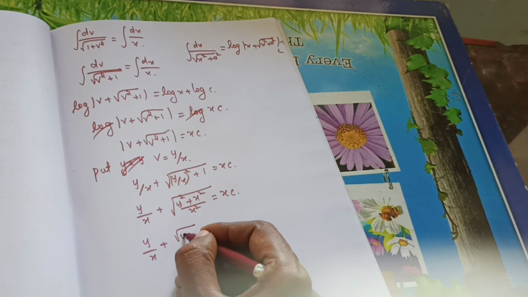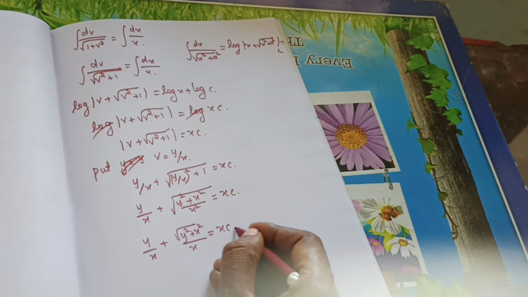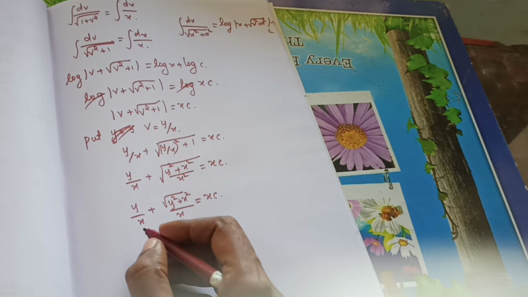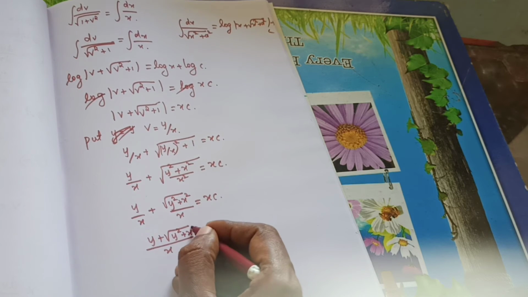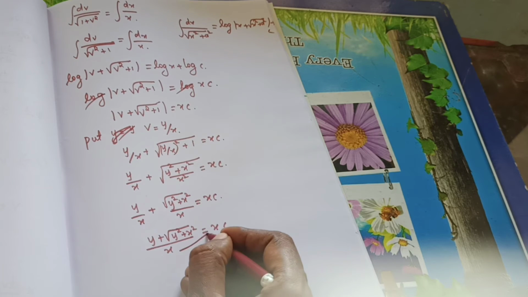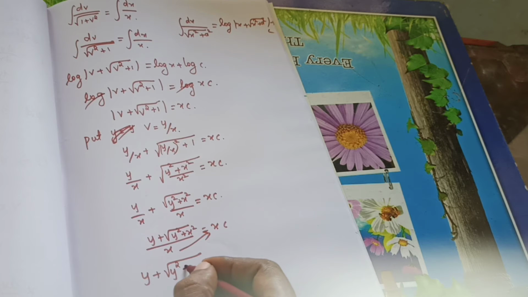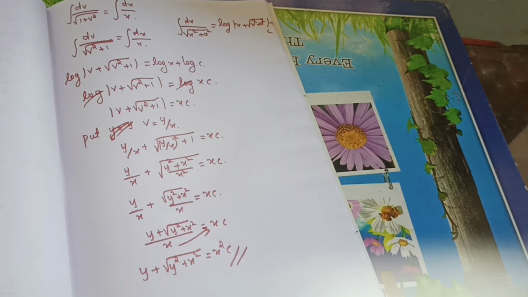Okay. Square root of y square plus x square divided by x is equal to xc. x is a common LCM. So y plus square root of y square plus x square equal to xc. If you need, you can cross multiply. That is y plus square root of y square plus x square is equal to x square c. So this is the answer for this question.